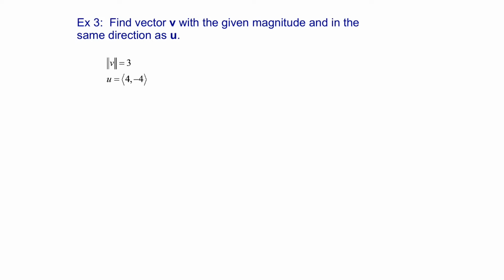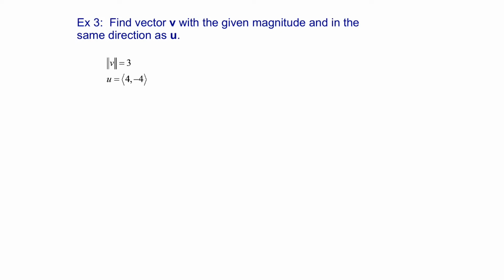So once again, as you're thinking about this, the magnitude of vector v is 3, and a different vector u is at 4, comma, negative 4. And what we want is vector v with the given magnitude of 3, but we want it in the same direction as u.